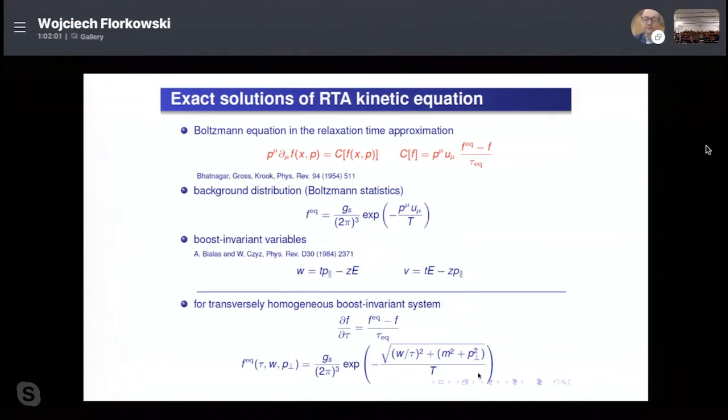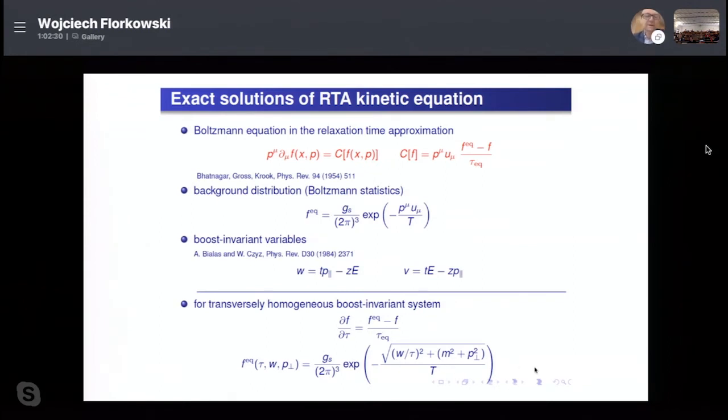We want to use the variable w, which is boost invariant: if you make the boost, w does not change. It is a scalar. So the equilibrium function, which is a function of tau, w, and transverse momenta, has this form. It's nothing else but the Boltzmann distribution, only written in terms of w.